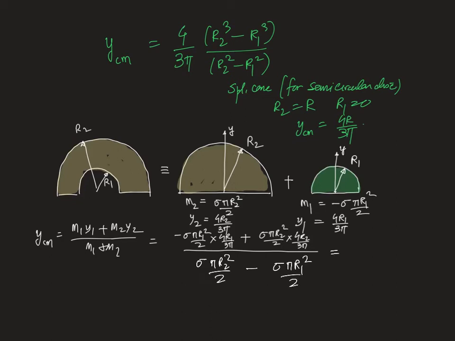So what you will get is the same: 4 by 3 pi times R2 cube minus R1 cube on top, over R2 square minus R1 square. So you have two ways of solving. Either you can integrate, or you can consider this as a body with a cavity.